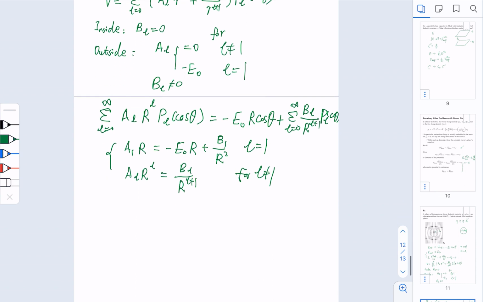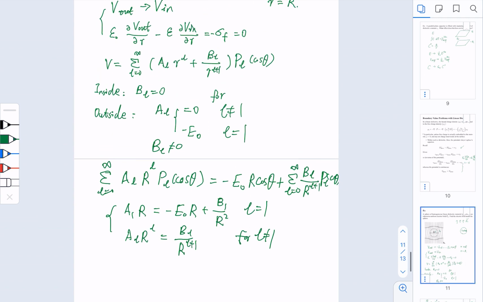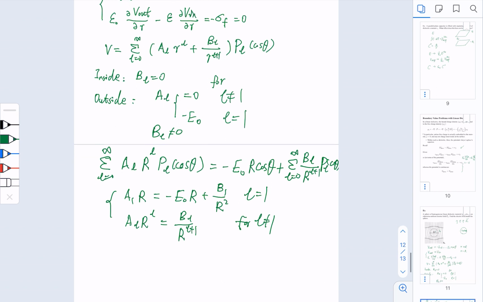And now if you look at the discontinuity of the slope of this potential, we take a partial derivative on both sides. So this is the outside derivative, and this is the term involving the B_L.